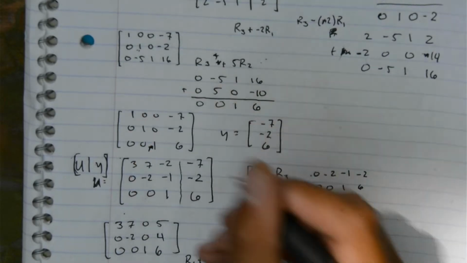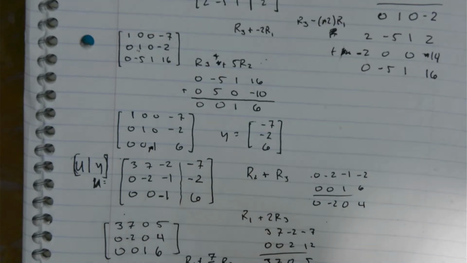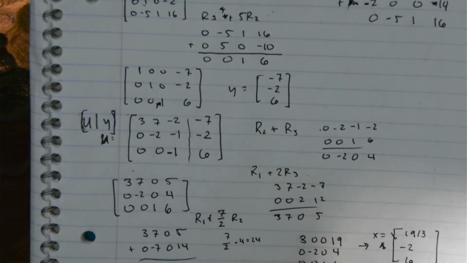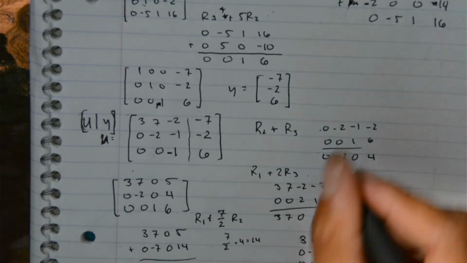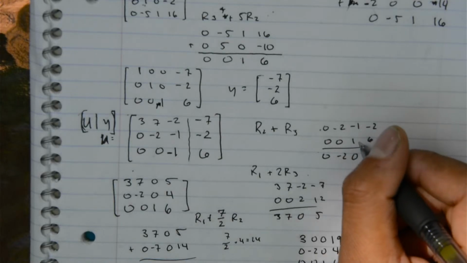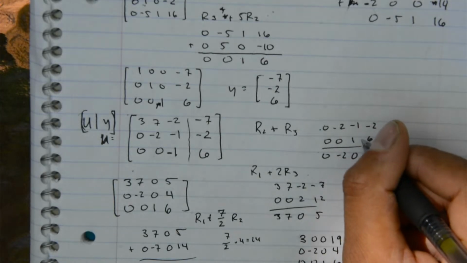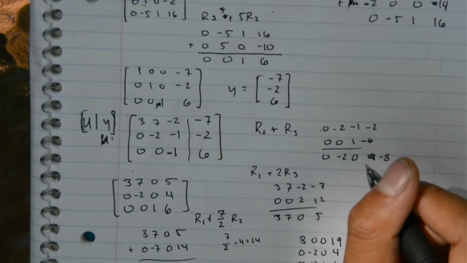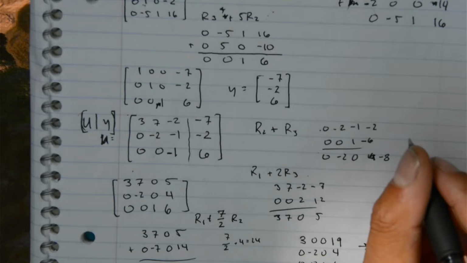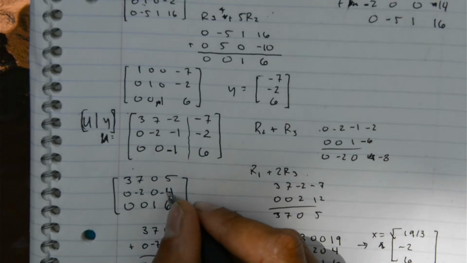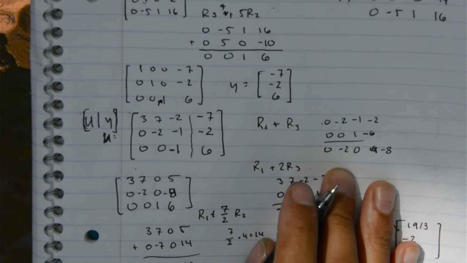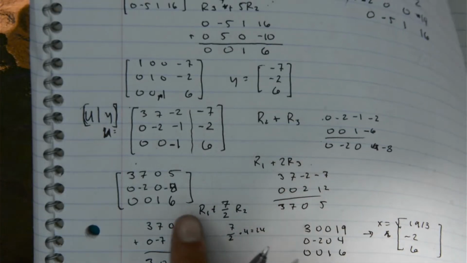Or wait, no, this is a 1. This is a -1. This is U. So I think that this is -8.